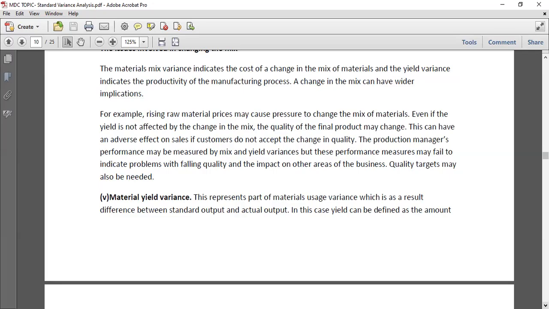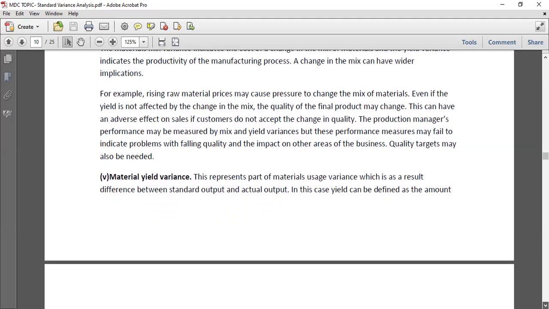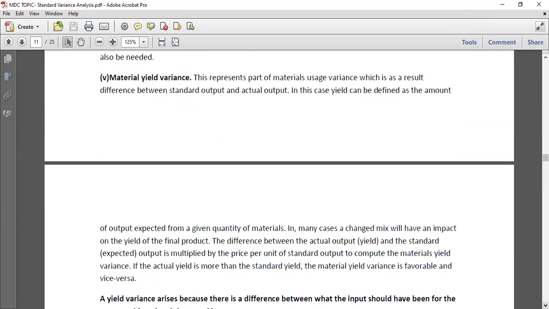So the difference between the 45 and the 50 represents that part of the material usage variance. So this is output oriented.